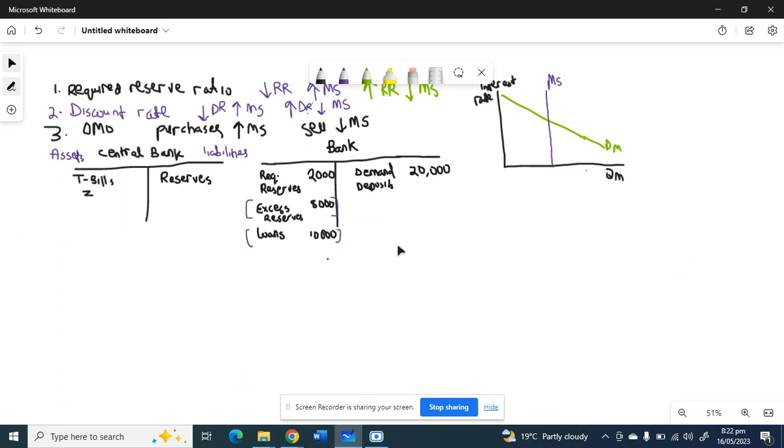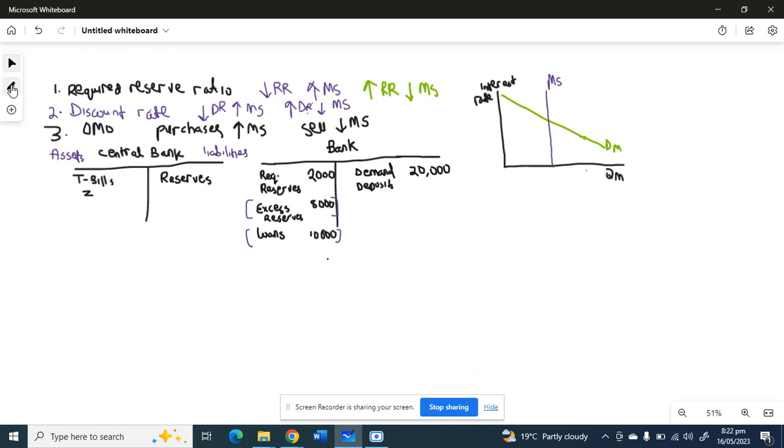So let's look at, just like fiscal policy, there's also expansionary monetary policy and contractionary monetary policy. For expansionary monetary policy, this is where the central bank wants to increase the money supply.